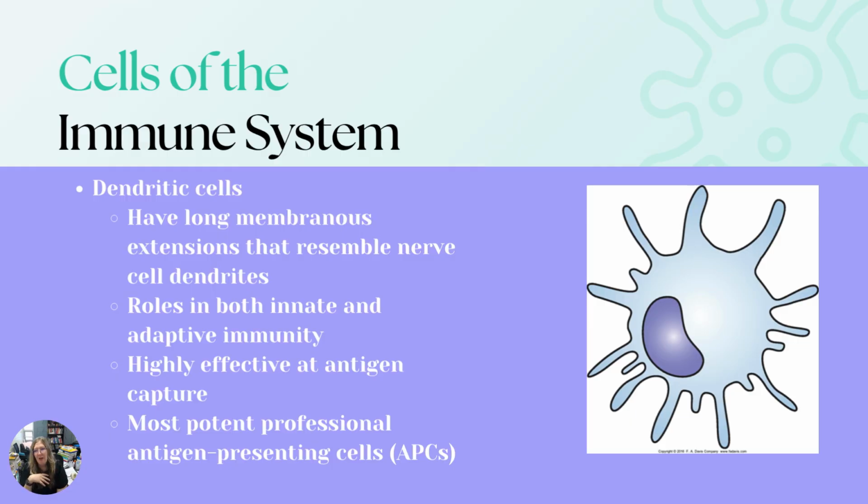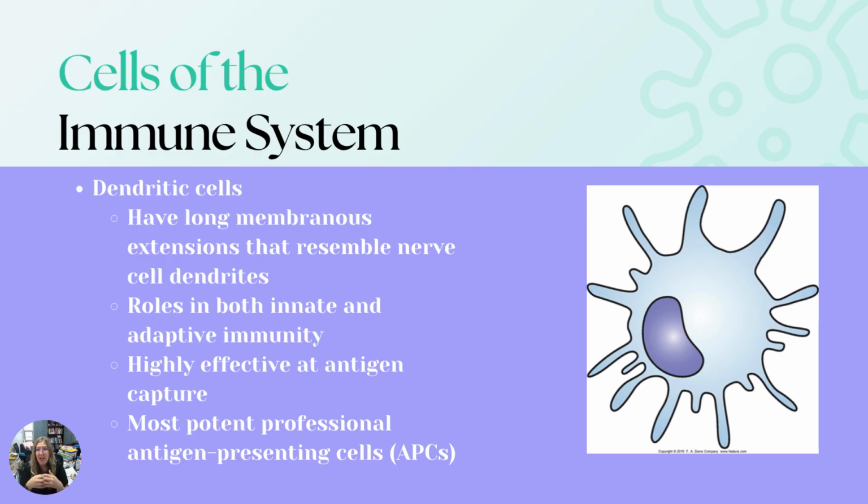So if macrophages are an important bridge, dendritic cells are one of our most important professional messengers. They capture materials in tissues and are extremely effective at presenting antigens to T cells. The key term here is antigen presenting cell, or APC.